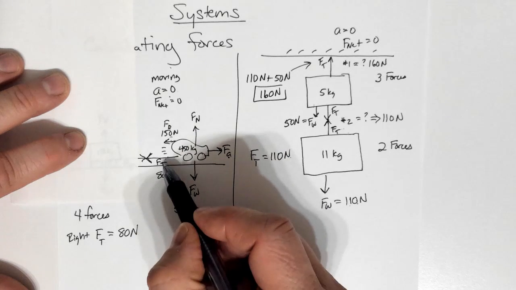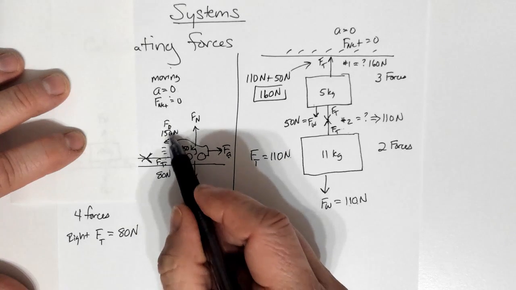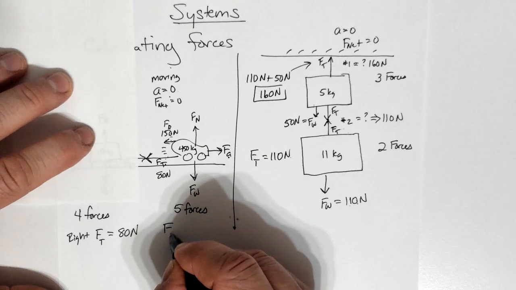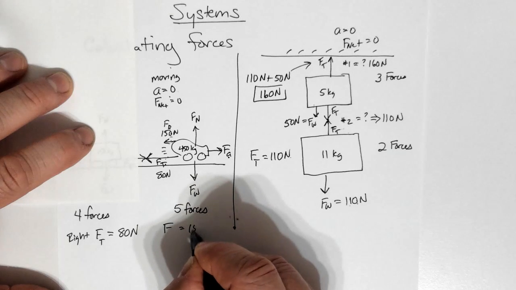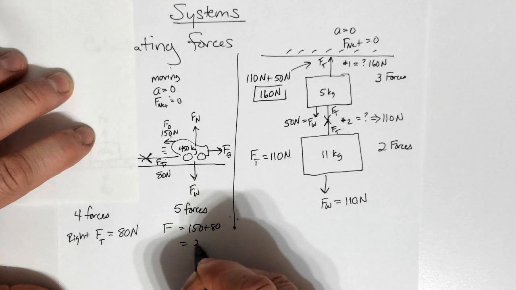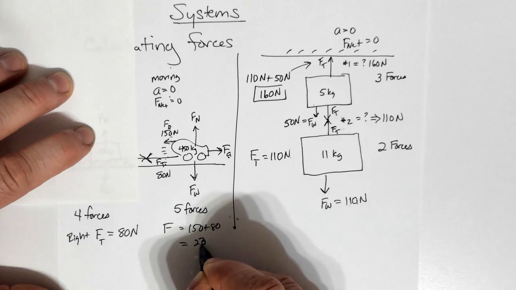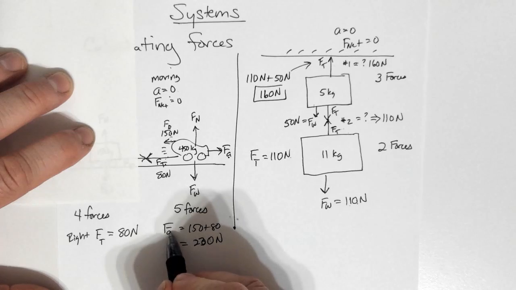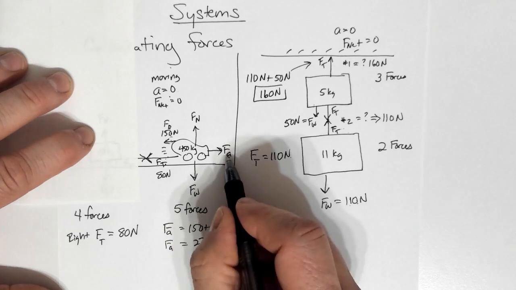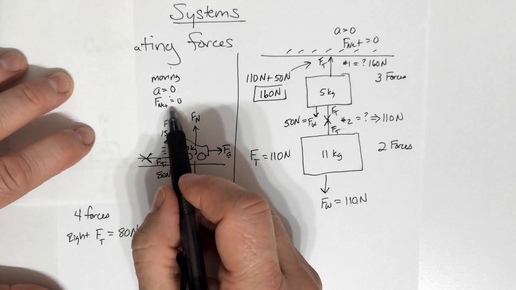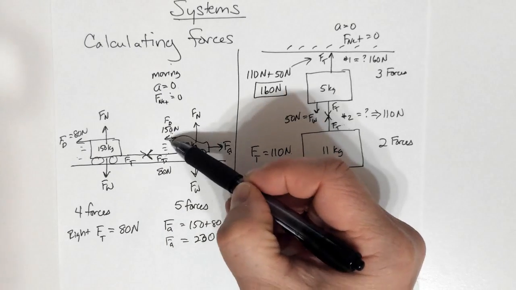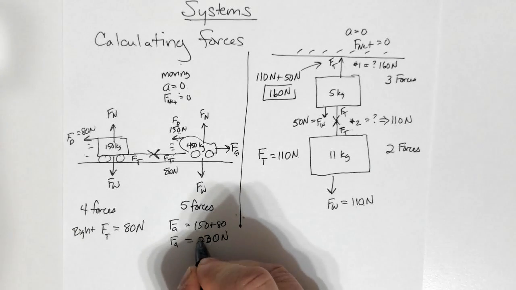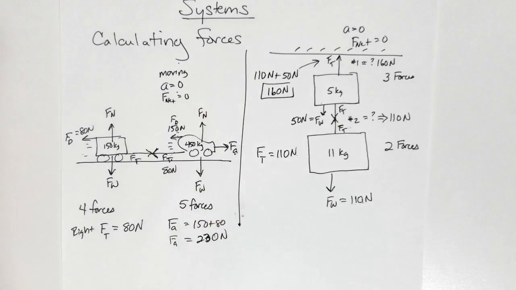I have drag and a tension from the trailer. I have to add them together. 150 plus 80 is 230. Oops, sorry about that. 230 newtons, and that 230 is going to be equal to the applied force right there to cancel it out, to stay at the same speed. So I did need both those numbers, and this trailer helped me find it. Okay? So the answer is 230 to maintain that speed.